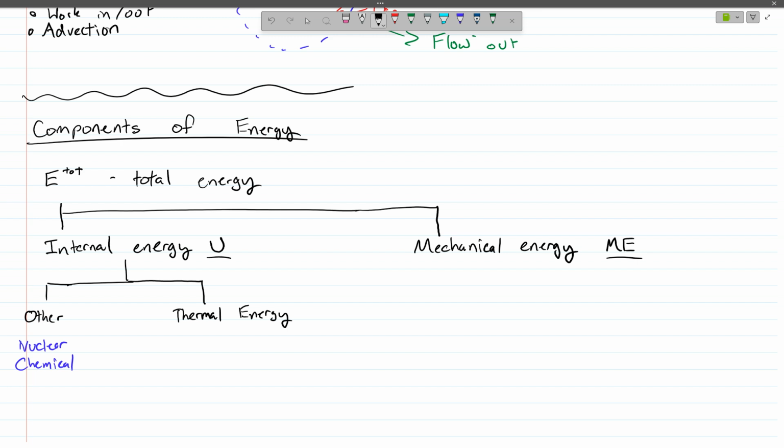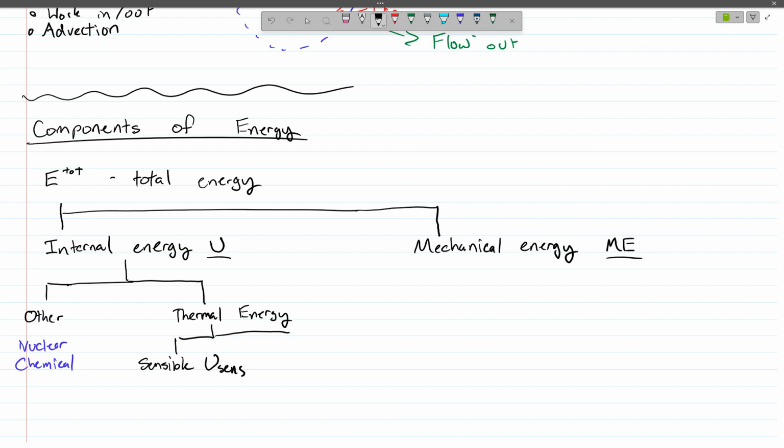Thermal energy is also divided into two sections. There's what we call sensible, and so the easiest way to remember this is basically if it is a change in energy that you could measure using a thermometer, used to sense it, then it would be considered sensible energy.